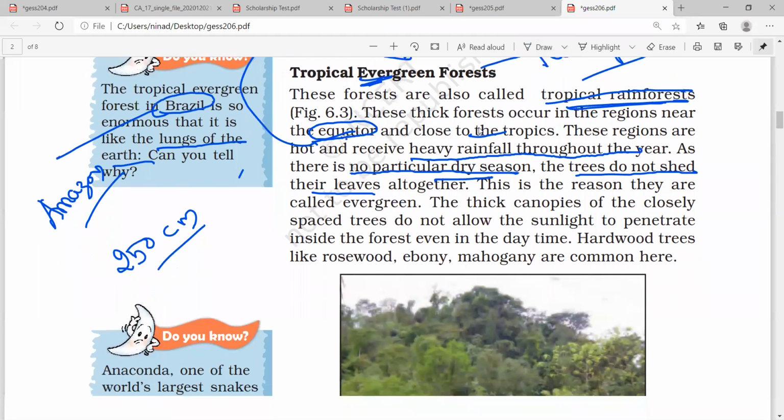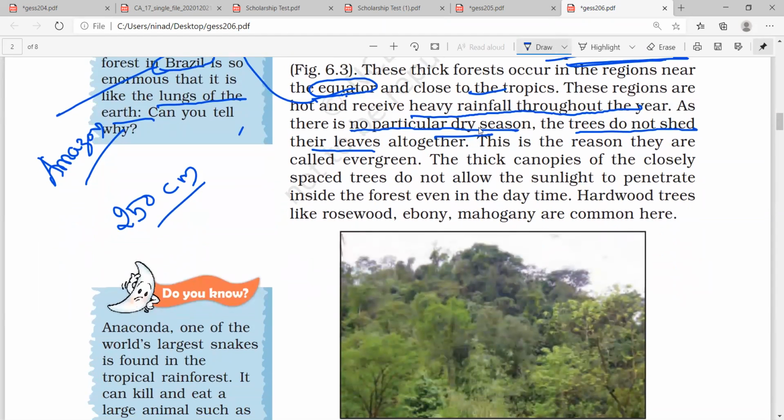Thick canopy, a kind of jungle. You can see how dense it is. It is so dense that sunlight cannot penetrate.